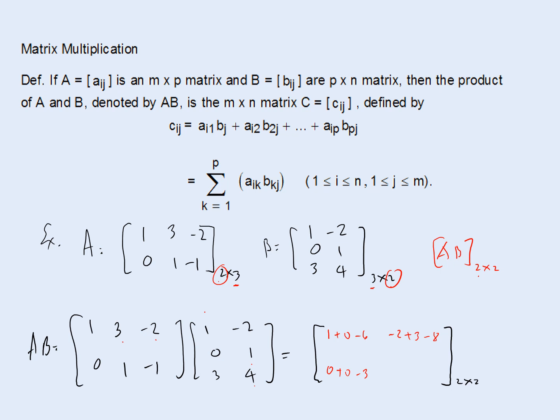Finally, the second row of A to the second column of B. 0 times negative 2 is 0, 1 times 1 is 1, and negative 1 times 4 is negative 4. So the product will be: 1 plus 0 plus negative 6 is negative 5. Negative 2 plus 3 plus negative 8 will be negative 7. 0 plus 0 plus negative 3 is negative 3. And 0 plus 1 minus 4 is negative 3.